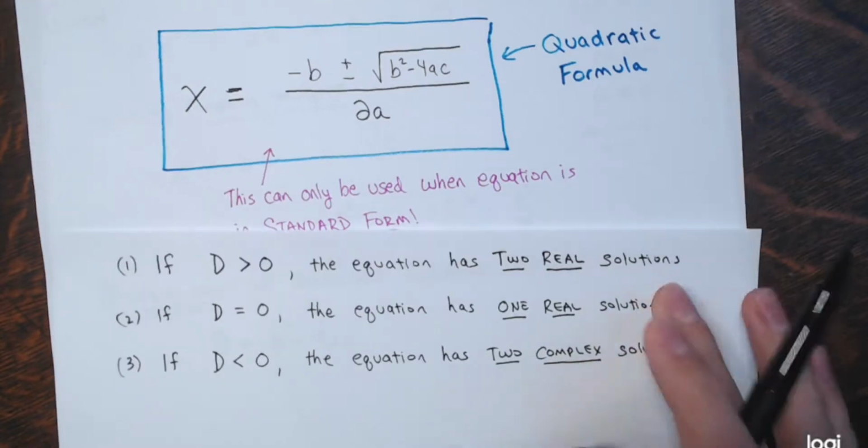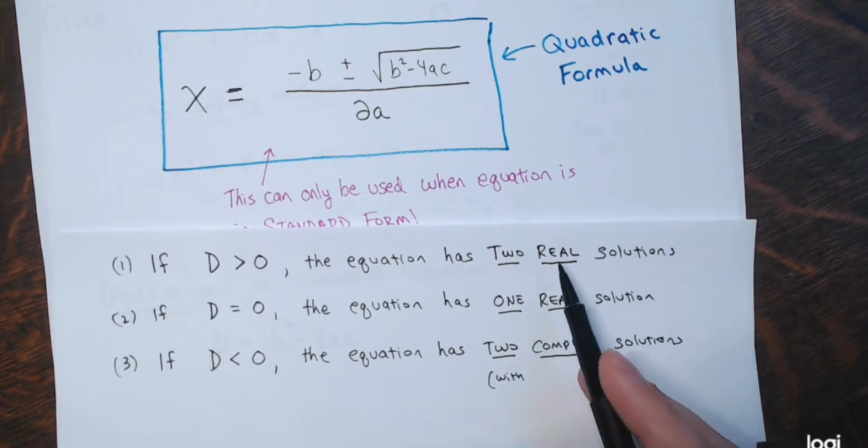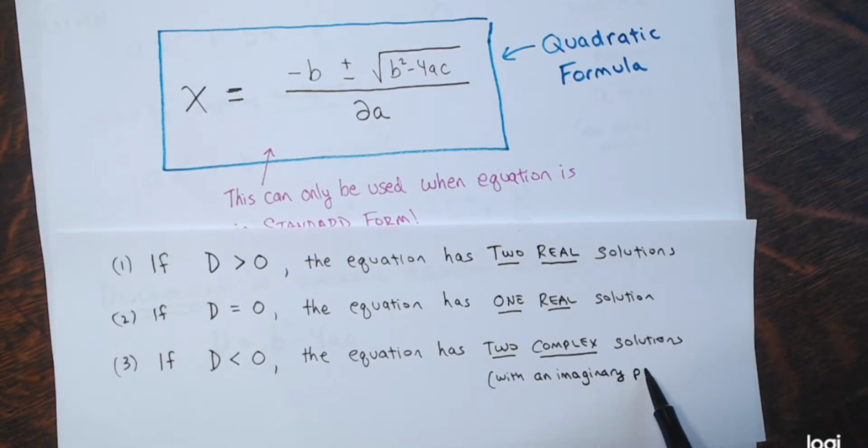And I should really add on to that, with an imaginary part, because every number is complex. When I say two real, that's two complex solutions as well, but when they use the word complex in this assignment, they mean that there is an imaginary number involved. So two complex solutions with an imaginary part.